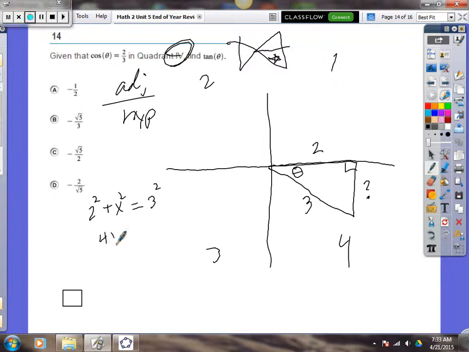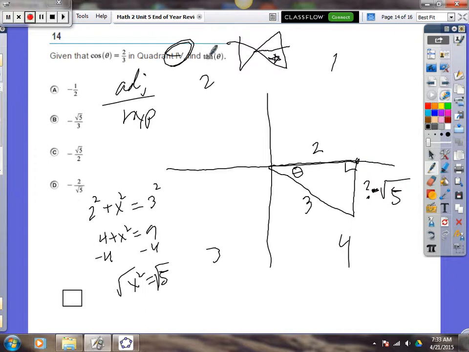So now 4 plus x squared equals 9, x squared equals 5. So x equals square root of 5. But it's got to be a negative square root of 5 because we're going below 0. We're going down towards negative infinity. So it's got to be negative.